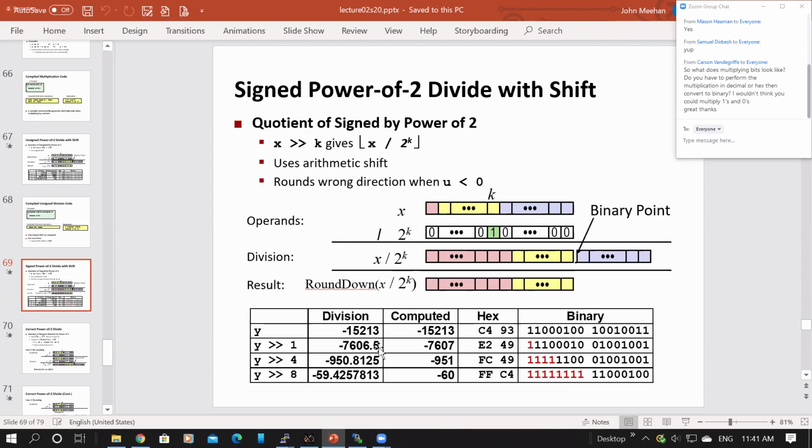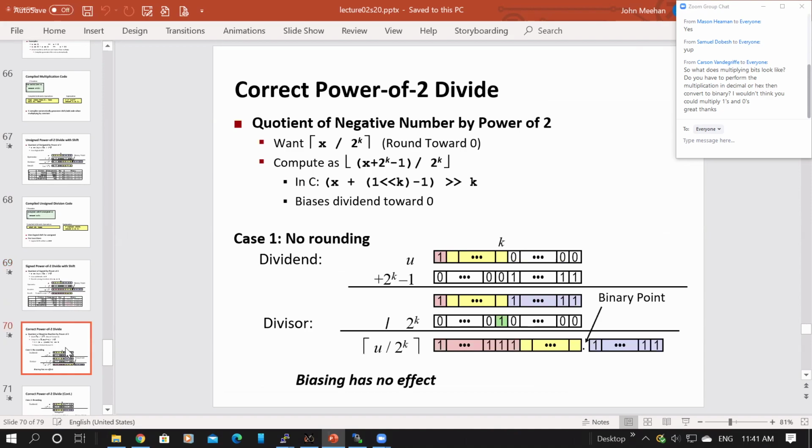So to be truly consistent, we need to cause it to round toward zero to truly simulate what the result of the integer division should have looked like. So to get the round towards zero, in the case of a negative number, you want the ceiling function of the true result, to round towards zero.